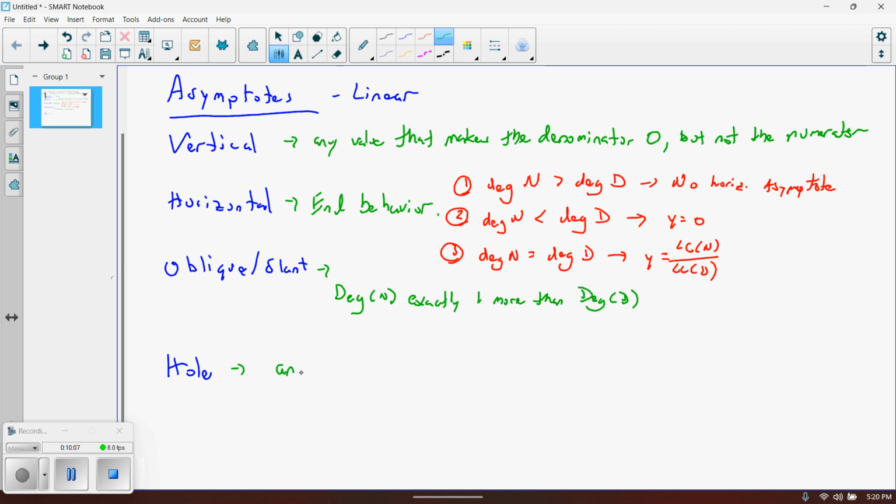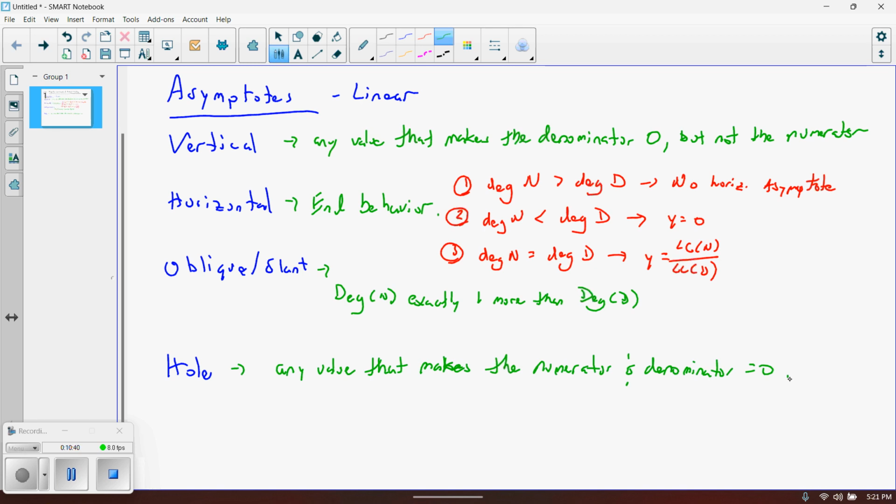It is any value that makes the numerator and denominator equal to 0. So if you can plug a value in for x and it makes both the numerator and the denominator equal to 0, then that value of x is the location of a hole.